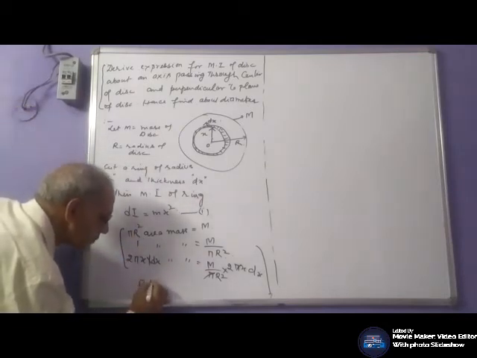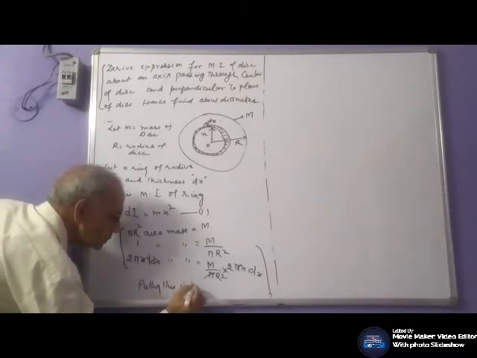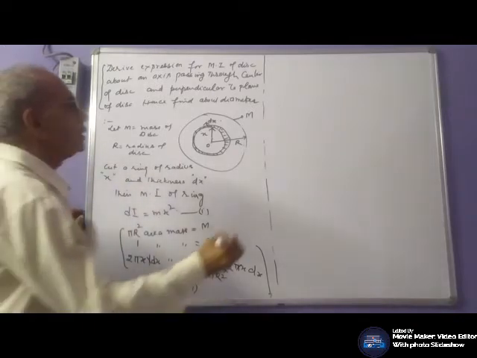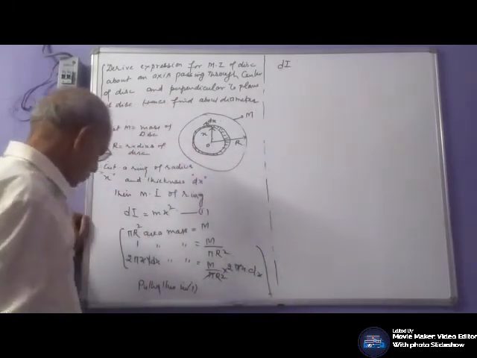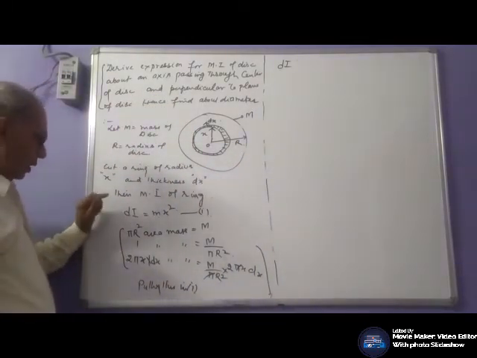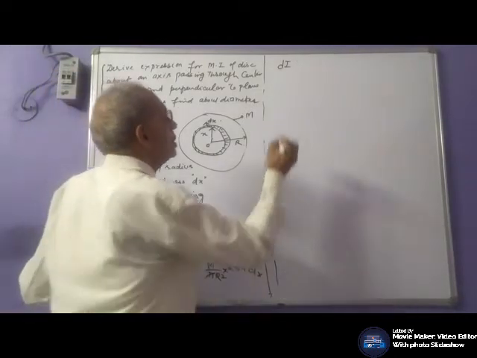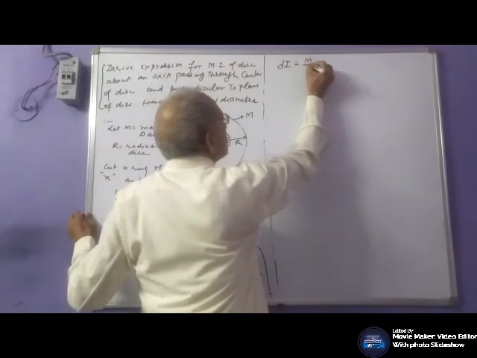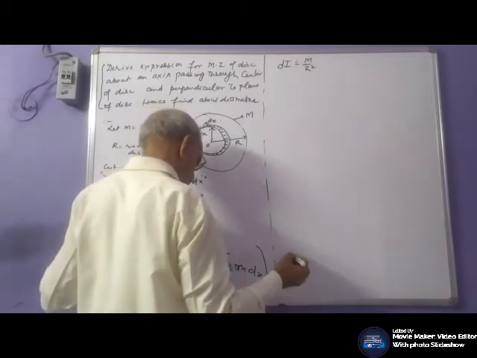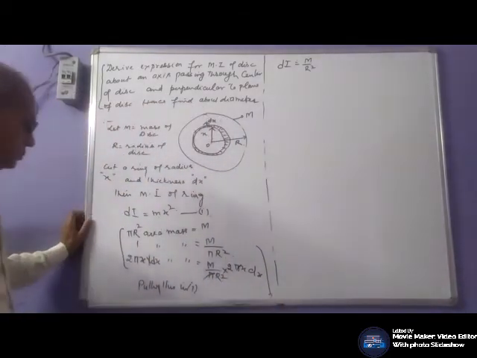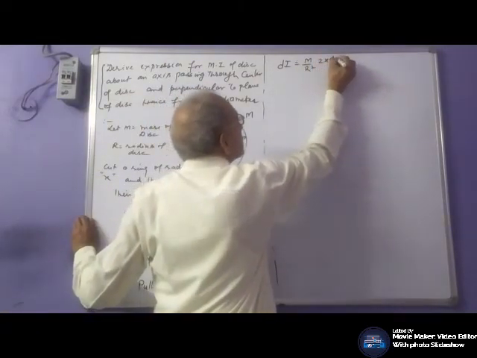Putting this in first, this is the value of m. It is m by r square two x dx.